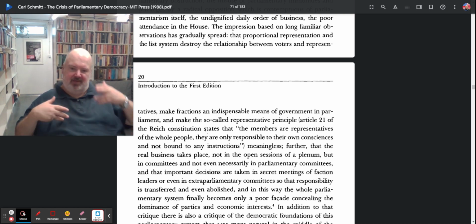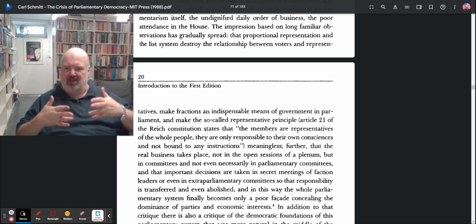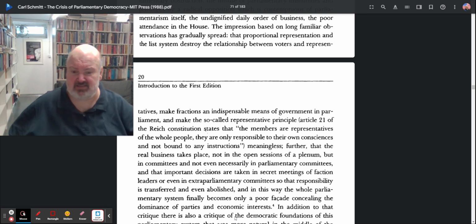Instead of being really this model, it becomes merely an aggregation of specific interests. So his argument here about the breakdown of parliamentarism is tied to a change in democratic theory, about the way voter representation works. And he makes the argument that Article 21 of the Weimar Constitution says this is supposed to be this, but that means it's meaningless.